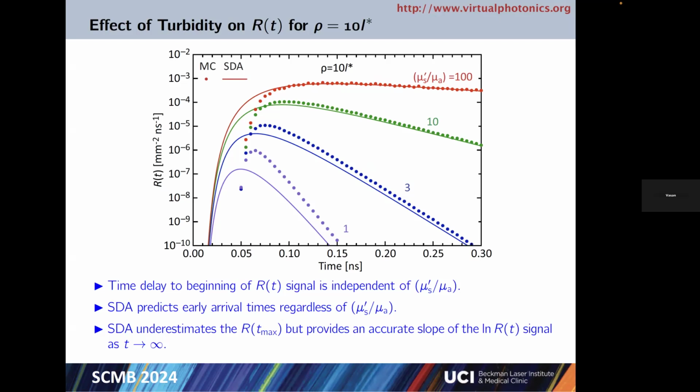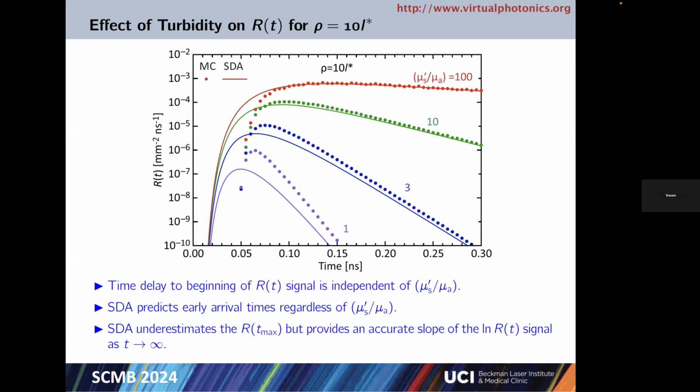In reality, what we do in our lab is that we try to do fits with Monte Carlo. We take the Monte Carlo output, and then we convolve that with the instrument response function. Or you can convolve your SDA or whatever model with the instrument response function, and then you do an optimization between your measurement and your model after you've put in your instrument response function. But it's the same sort of approach.